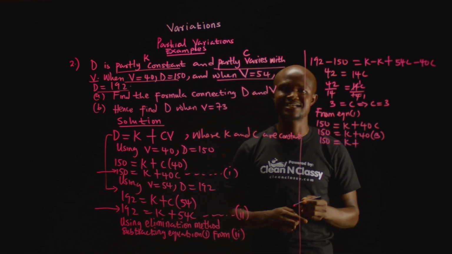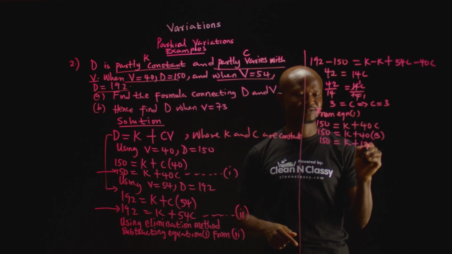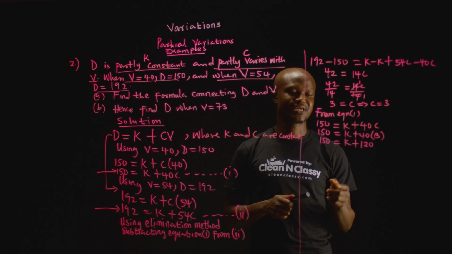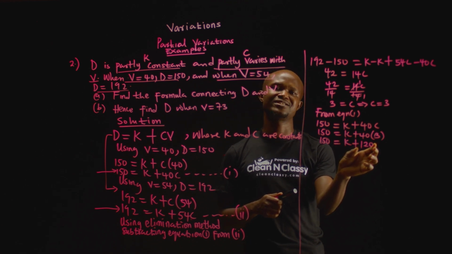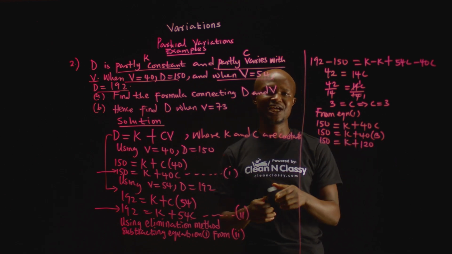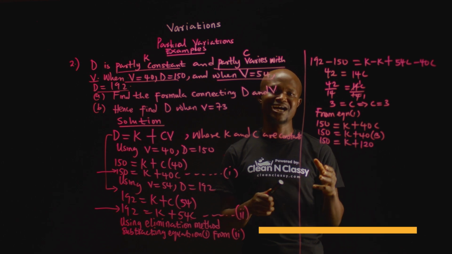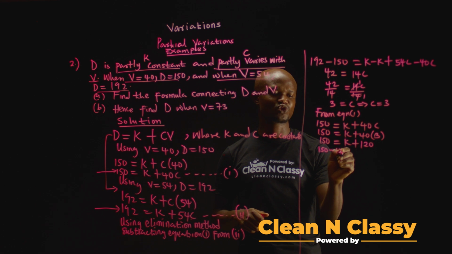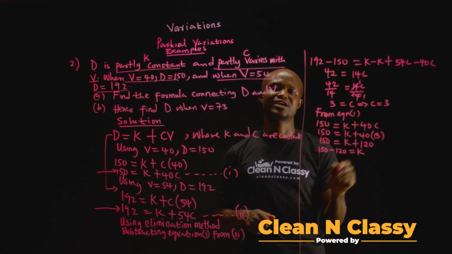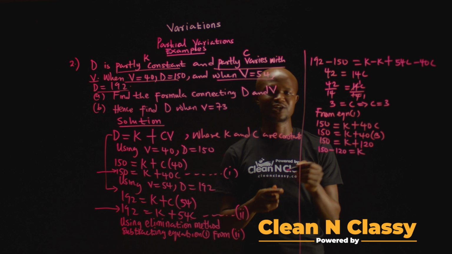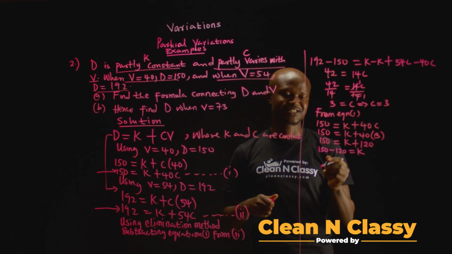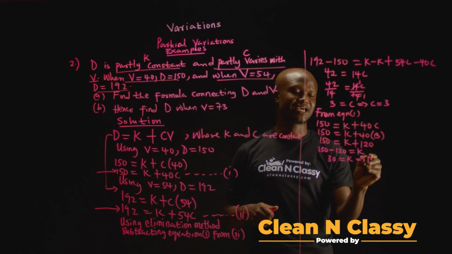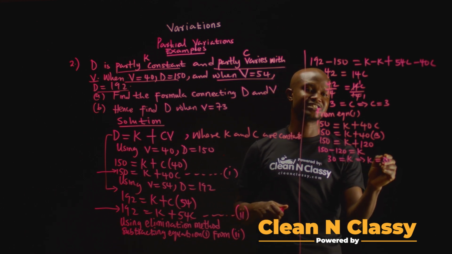What is 40 times 3? That is 120. Then I need to collect like terms to get K. Plus 120 at the right hand side, moving to the left, changes to minus 120. So 150 minus 120 equals K. I will have 30. So K equals 30.